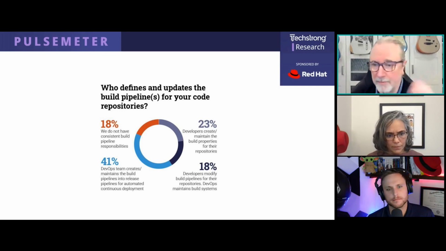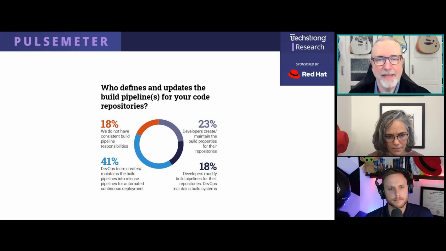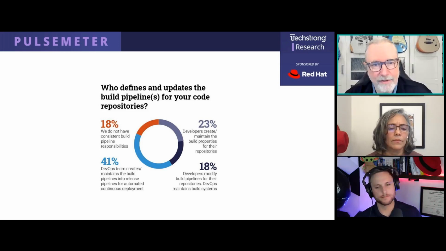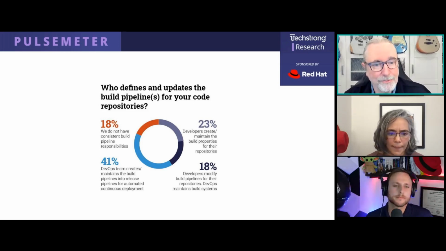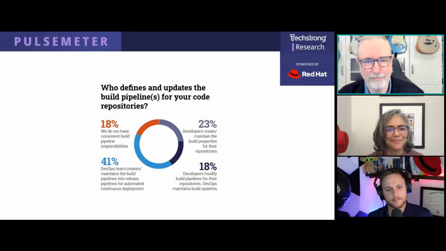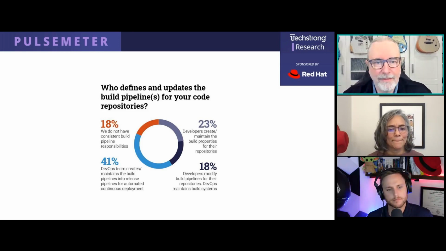So if something is compromised, it doesn't move laterally through the whole process, et cetera. So keep that in the hopper. So who defines and updates the build pipelines for your code repository? So who is doing all this great work, or maybe needs to do more great work to do that?